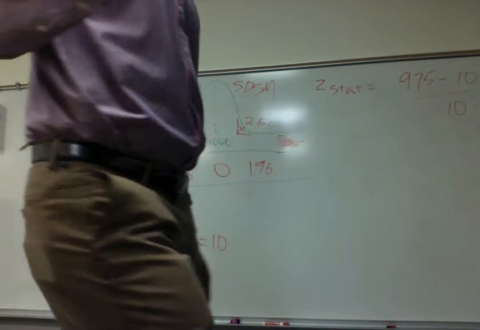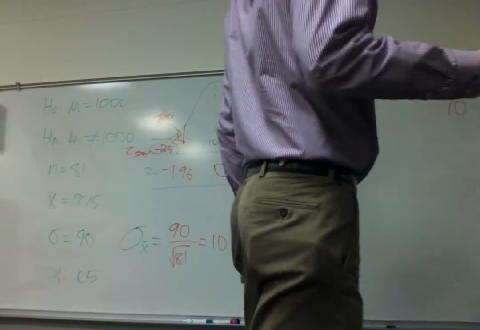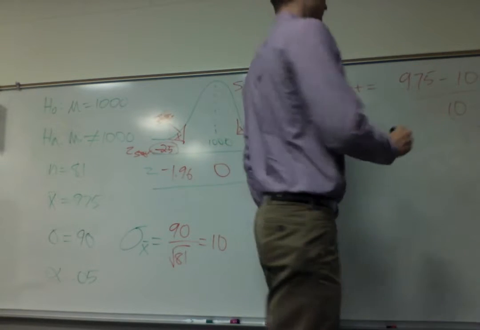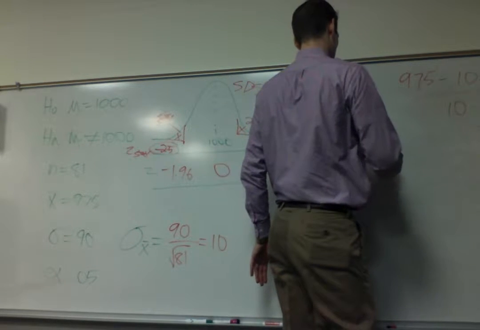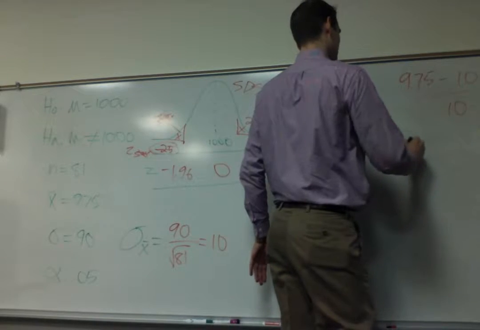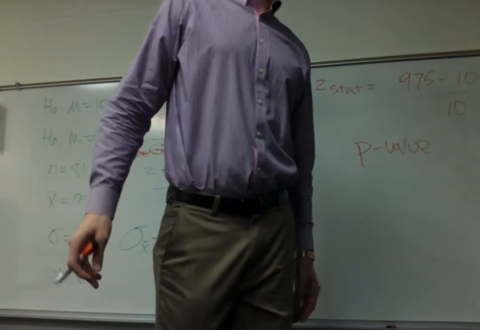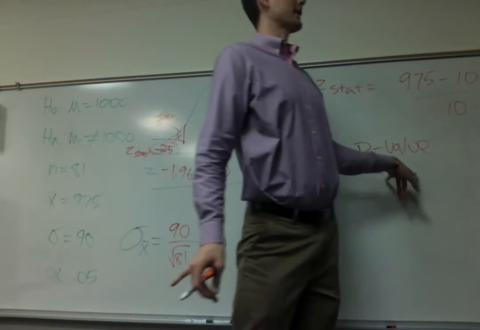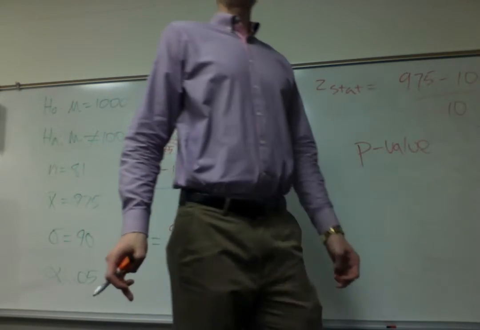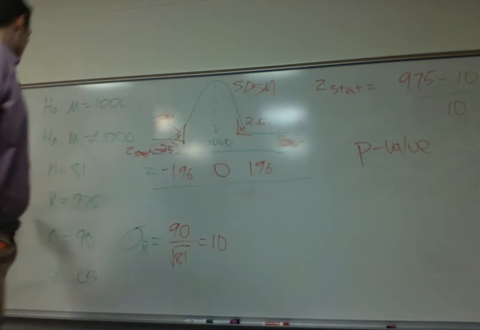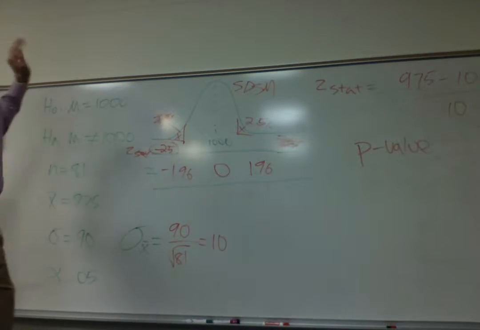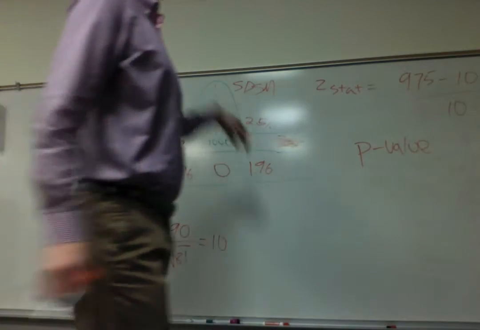The last thing we need to do to solve the requirements of this problem is calculate a p-value. Remember, our significance level tells us our threshold for what we consider unlikely. Our p-value tells us the exact calculation for how unlikely this particular sample would be given that the null hypothesis is true.